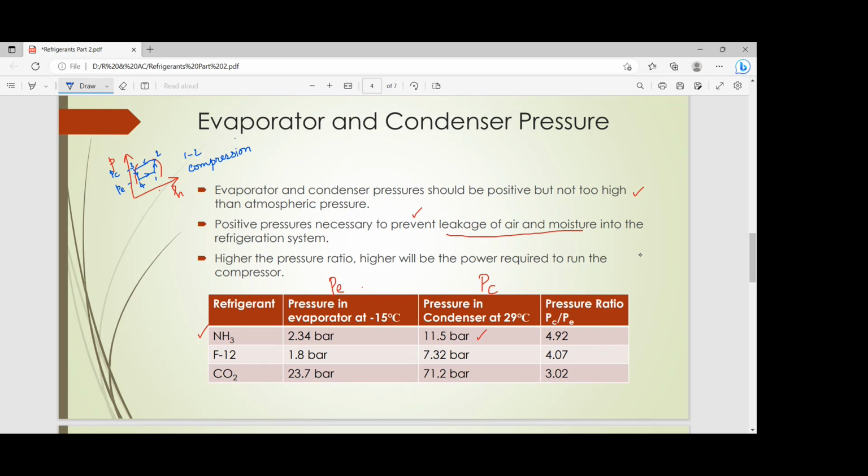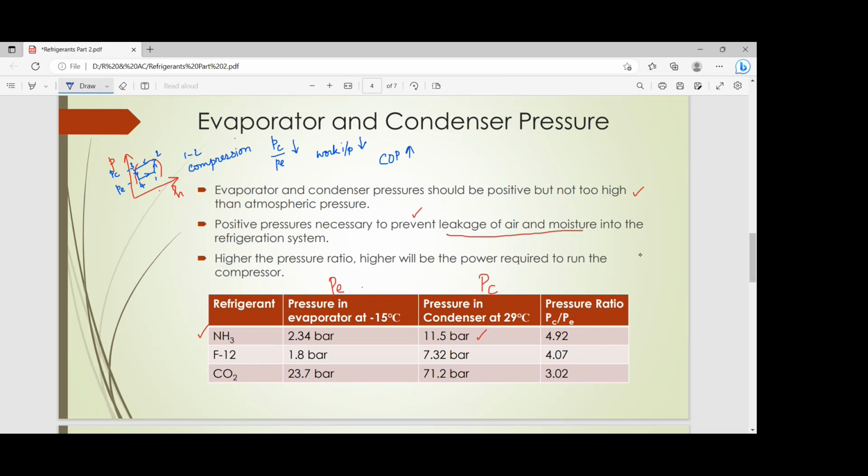If PC by PE is more, so the pressure ratio is more, then the power required to run the compressor is also huge. So we always try to keep PC by PE low. We want this to be lower so that the work input to the compressor is less, and if the work input to the compressor is less, then COP will be more.